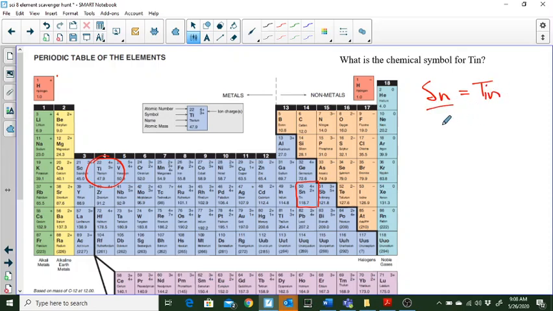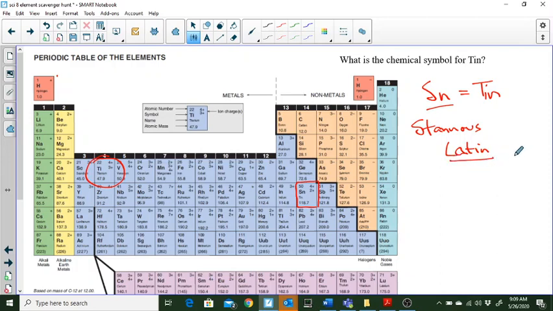Now you might wonder, where did Sn come from? S is before T and N, and it just doesn't seem to make any sense, does it? The symbol Sn comes from the word stannous. I believe that this is a Latin term. Latin is an old language.